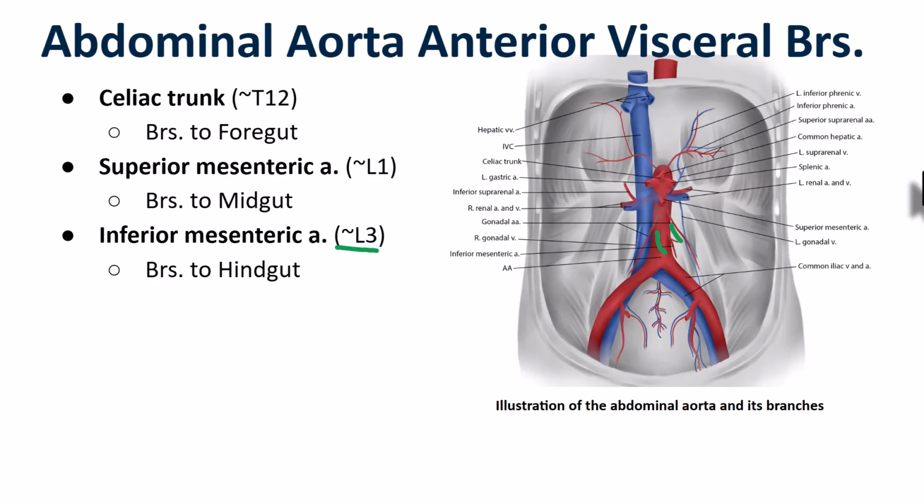And there will be anastomoses between superior and inferior mesenteric arteries, just as there are anastomoses between celiac and superior mesenteric artery branches. So these celiac, SMA, and IMA are how we supply the viscera of the abdominal cavity with blood.